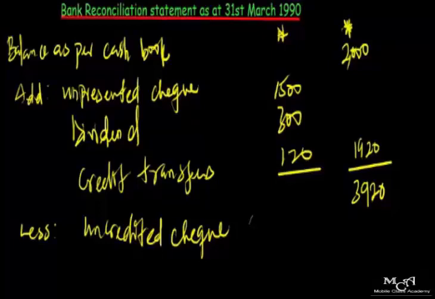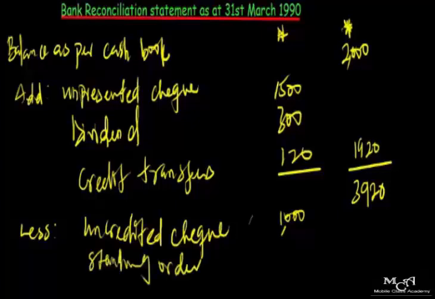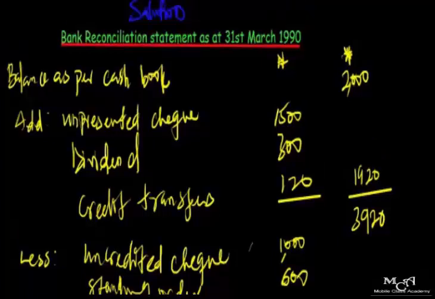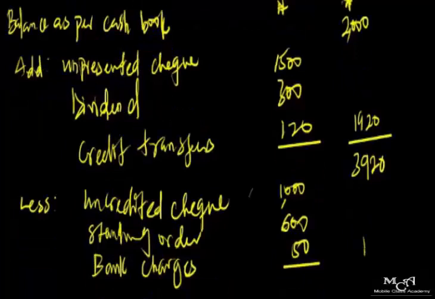We also have standing order from the question, standing order of 600. What other items are we meant to deduct? We have bank charges of 50 naira. The addition of this will give us 1,650.